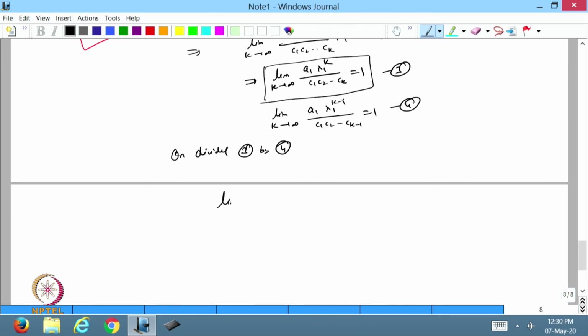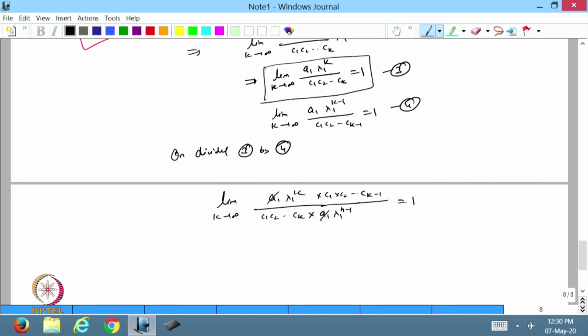We will get limit k tends to infinity a1 lambda 1 k over c1 c2 up to ck multiplied by c1 into c2 up to ck minus 1 over a1 lambda 1 k minus 1, and that should be equal to 1.